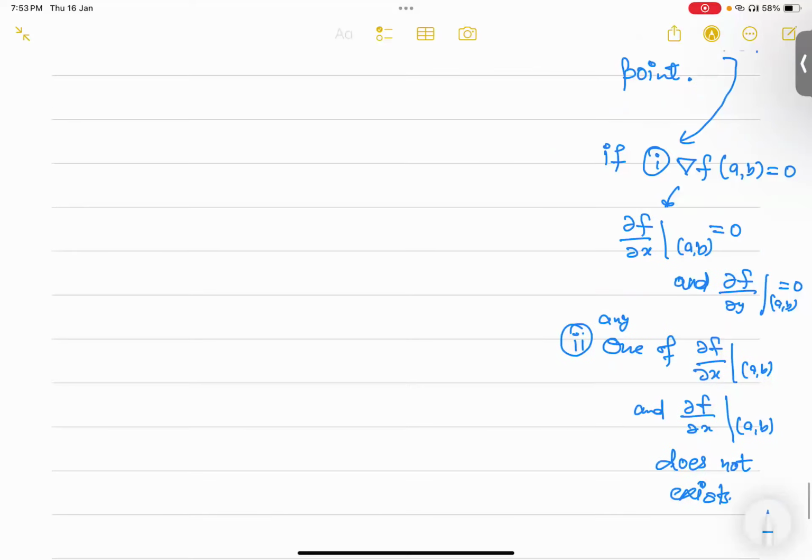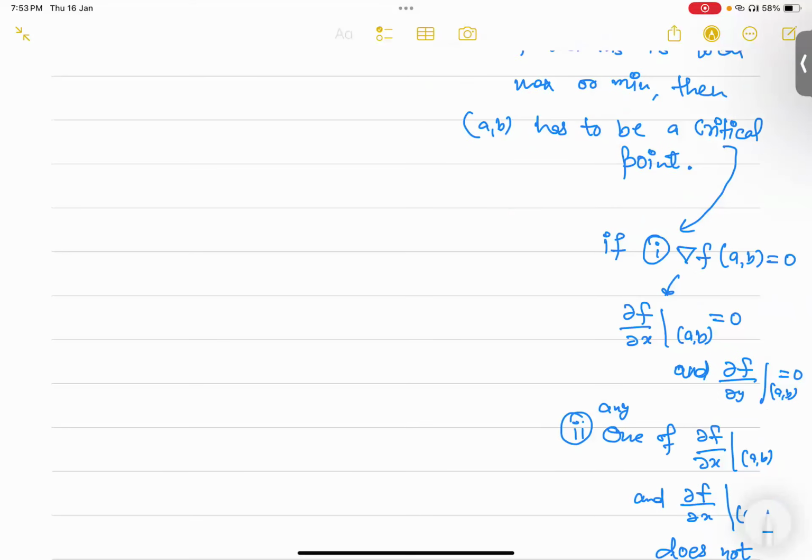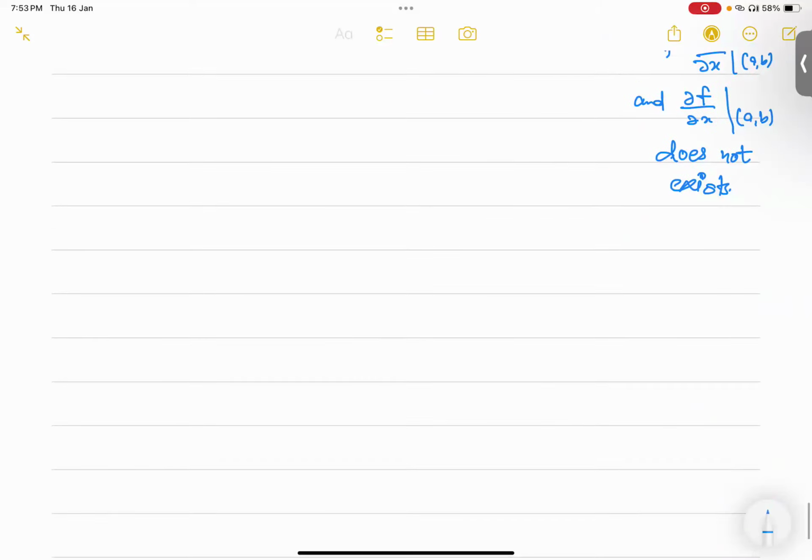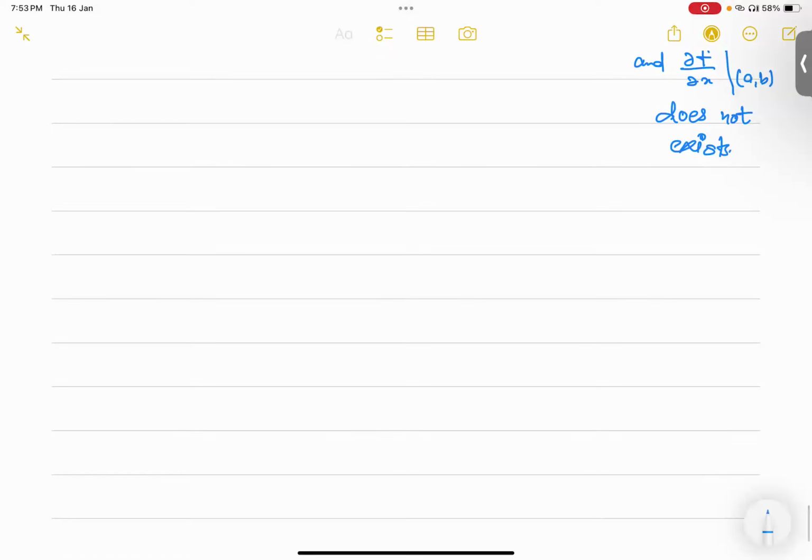So now suppose you have a critical point. How to figure out whether that point has a local maxima or minima? So suppose f is your function from R2 to R, and (a, b) belonging to R square is a critical point.